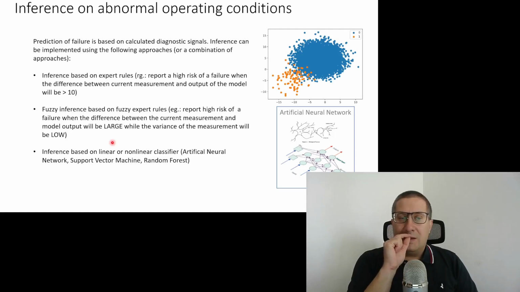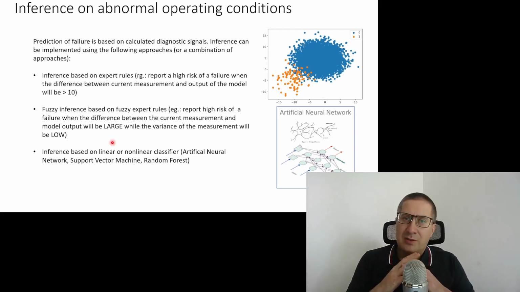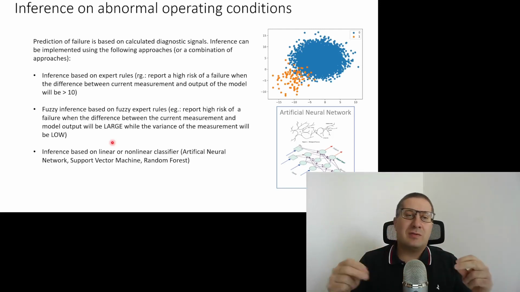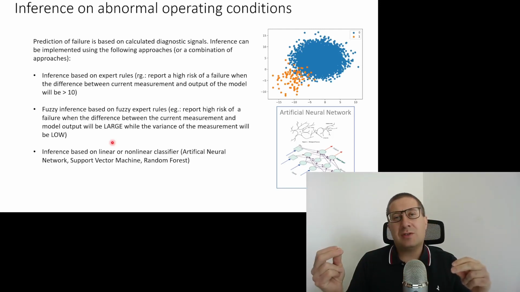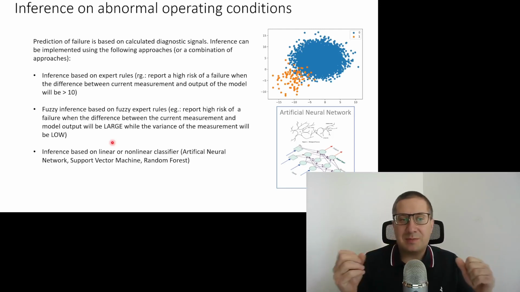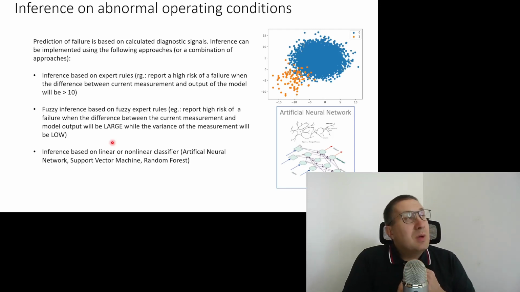So now let's talk about the inference on abnormal operating conditions. Like I said, the prediction of the risk of a failure is based on those diagnostic signals. We can have very different approaches.